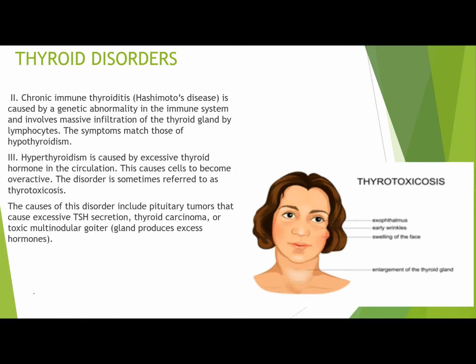Now, let's go to another type, yung mga autoimmune disorders class related to the thyroid organ. Yung chronic immune thyroiditis. Si chronic immune thyroiditis class is also known as Hashimoto's disease. Sa immunosero nyo, ito yung tinatawag nating autoimmune hypothyroidism.